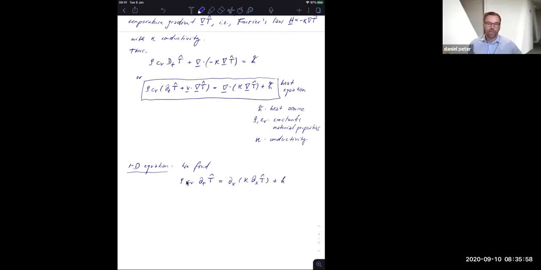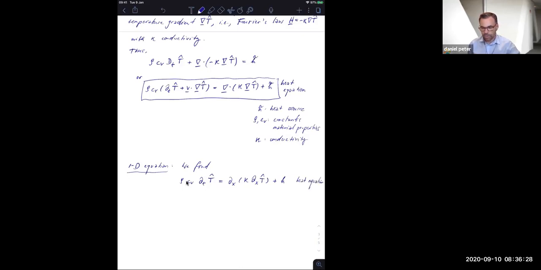Or if you like, the heat diffusion equation, because diffusion is the main process by which heat or temperature is transported. Good, so this is the heat equation.